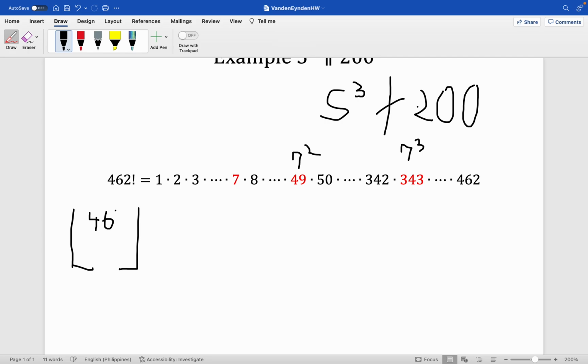Okay, 462 divided by 7. I believe that comes out to be exactly 76. And so the floor function does not do anything. There's no fraction to chop off here.